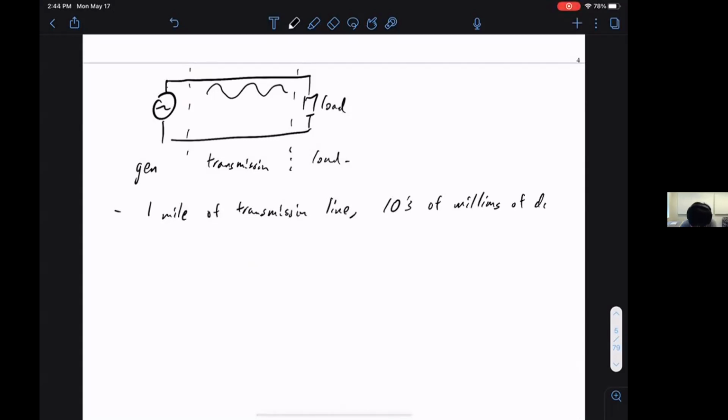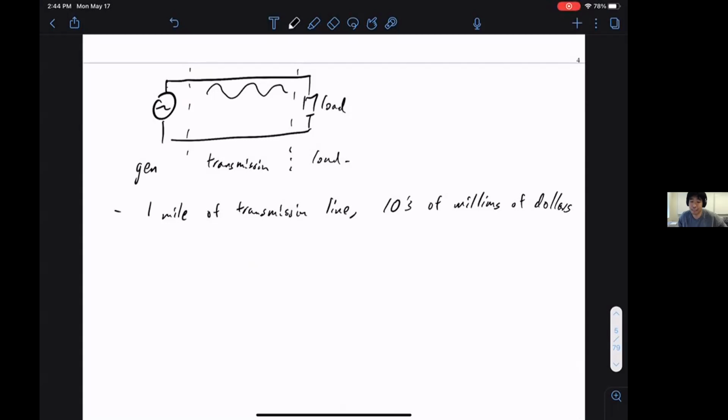So transmission lines are really, really expensive. It's very hard to build them. I have to buy the land. I have to put up the poles. I have to put up lines. So building transmission lines is extremely challenging in the US.